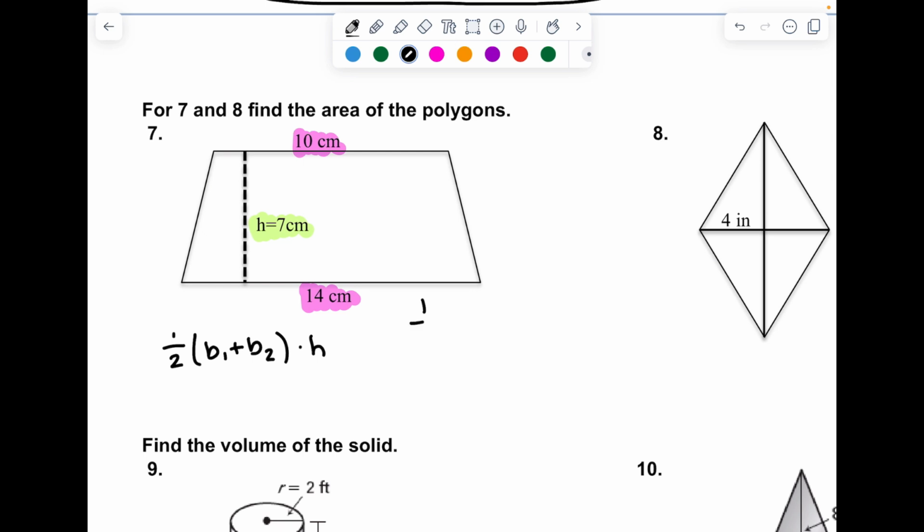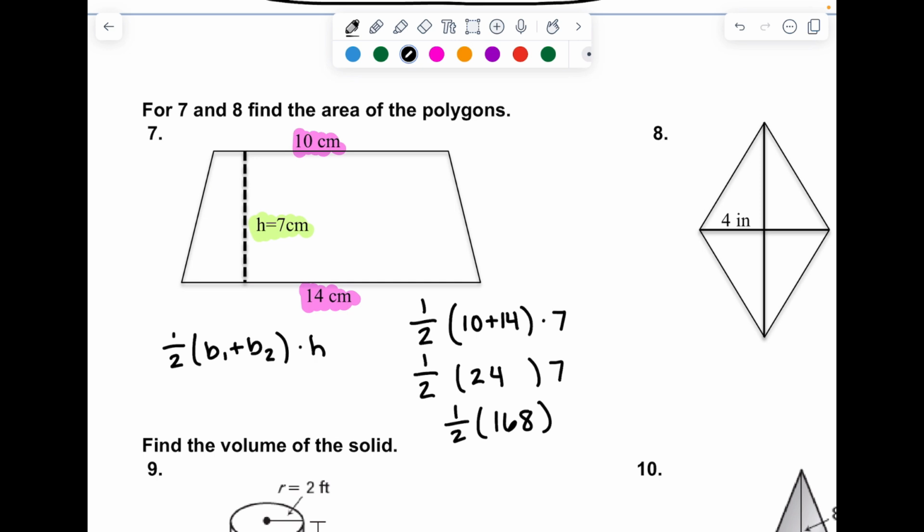So if we plug those into our formula, we have 1/2, base 1 is 10, base 2 is 14, times the height, which is 7. 10 plus 14 is 24. And then we can do 24 times 7. We get 168, and then we just need half of that. So our area ends up being 84 centimeters squared.